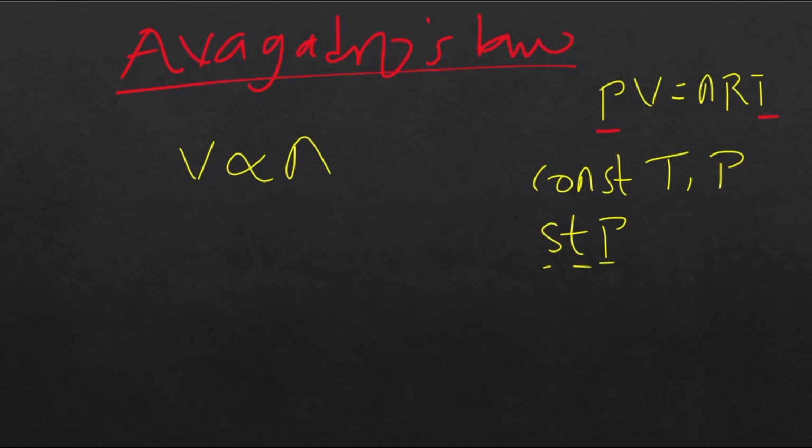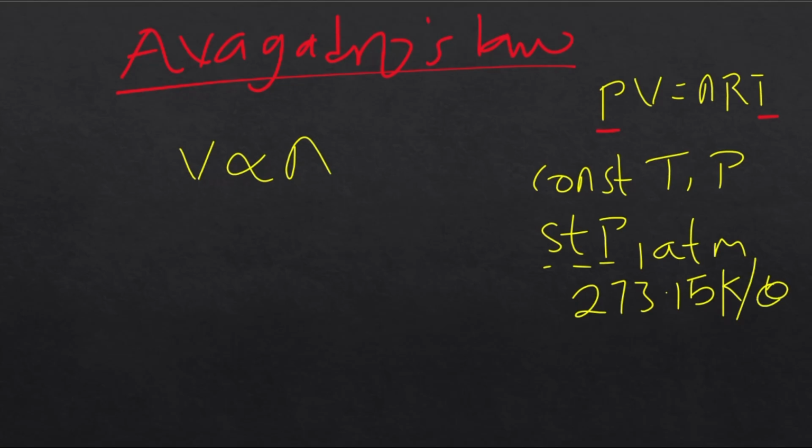Standard atmospheric pressure is 1 atm, and standard temperature is 273.15 Kelvin. As we demonstrated before, 273.15 Kelvin on the Kelvin scale is equivalent to 0 degrees Celsius.